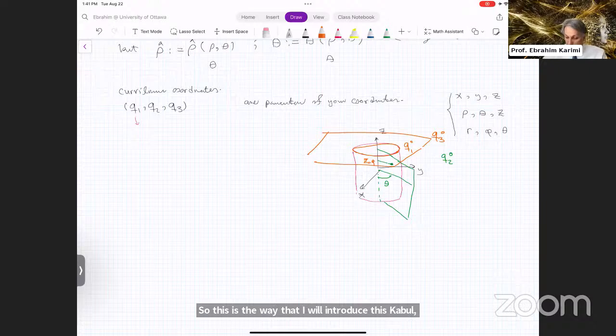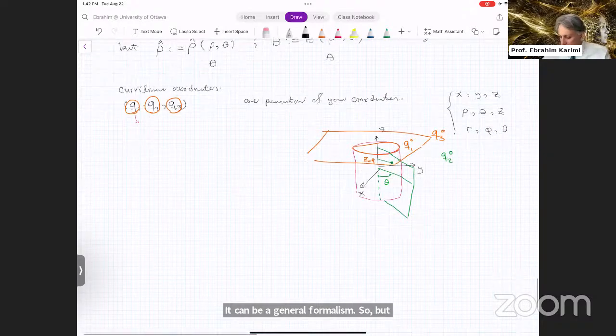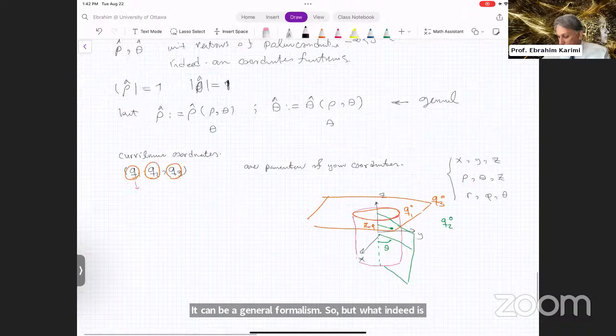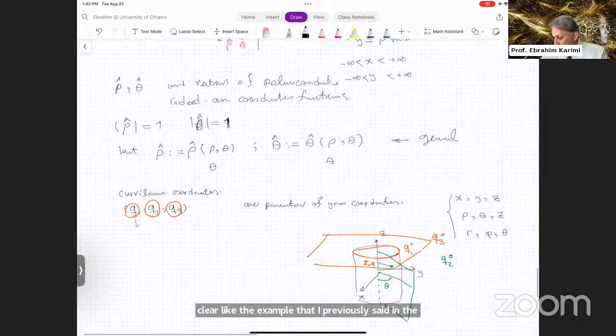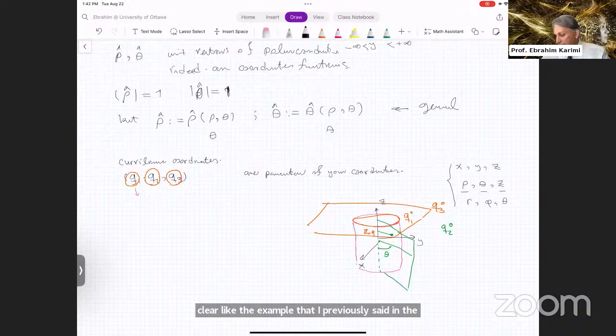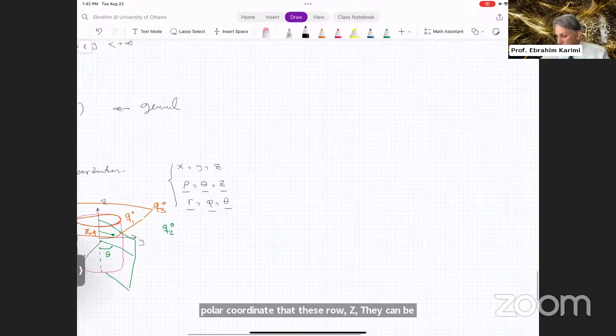And I say that these are the three parameters that I'm dealing with. These three parameters introduce three different planes of constant values. In general they can be orthogonal to each other or cannot be orthogonal to each other. It can be a general formalism. But what is clear, like the example that I previously said in the polar coordinate, is that rho, theta, z, or r, phi, theta can be expressed in terms of x, y, and z.